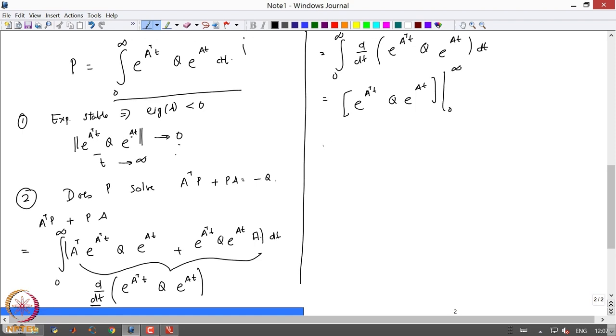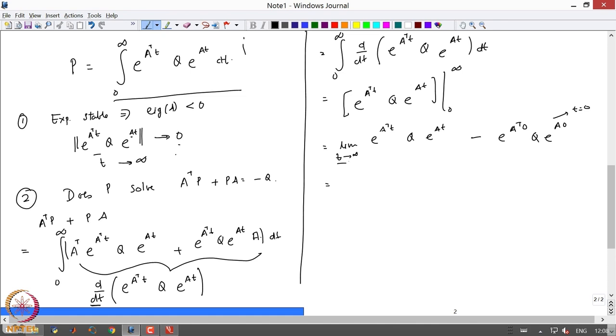So, I am looking at the limit as t goes to infinity of e power A transpose t Q e power A t, minus the value at t equal to 0, which is e power A transpose 0 Q e power A 0.